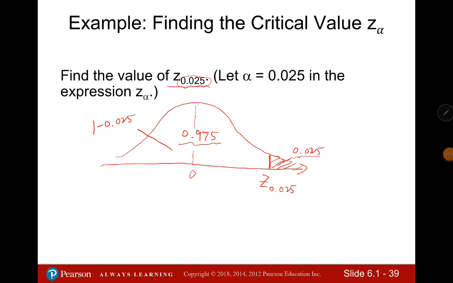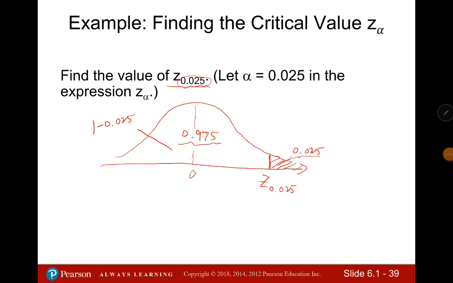So we should check the positive Z table. And you should find which value is closest to 0.975.